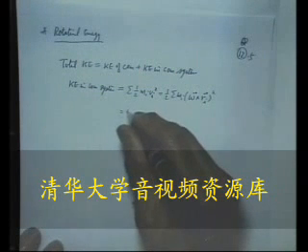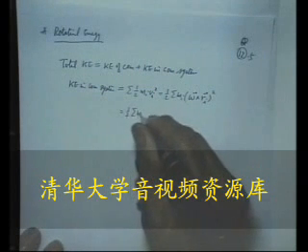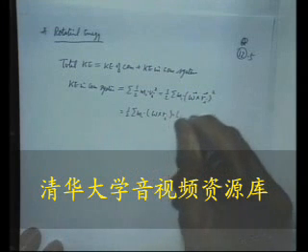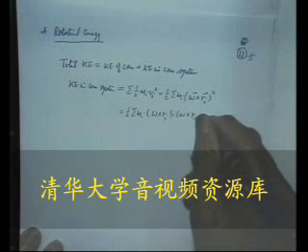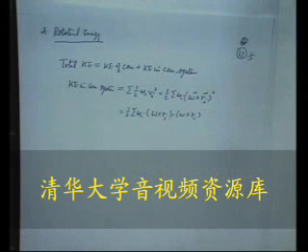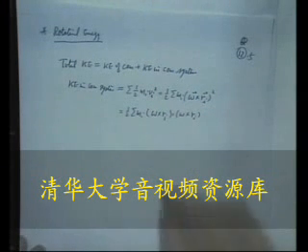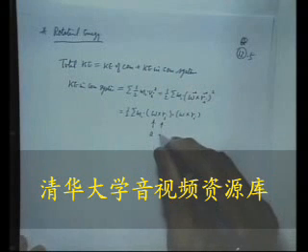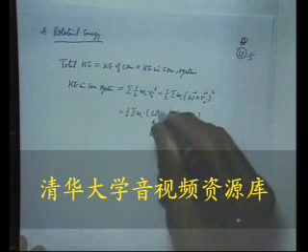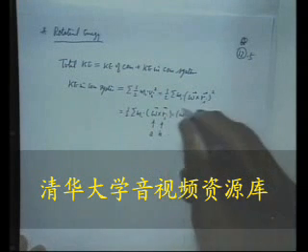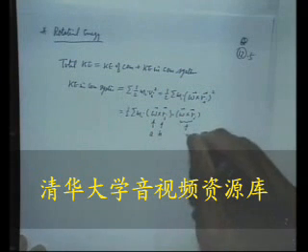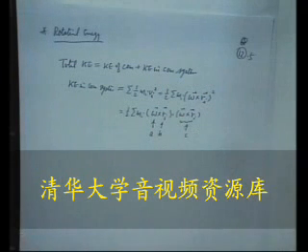Or I write it as 1/2 summation mi omega cross Ri dot omega cross Ri. Now let's call this A, call this B, call this whole thing C. It is A cross B dot C.